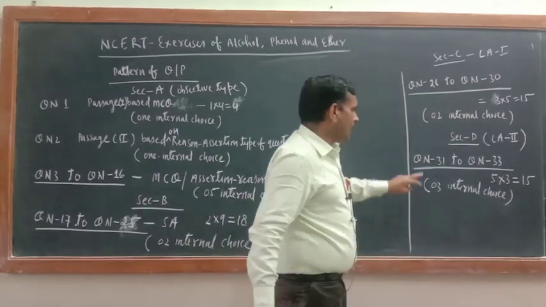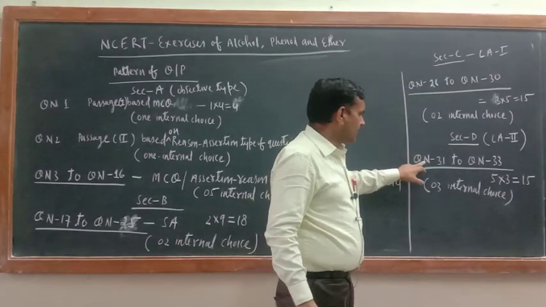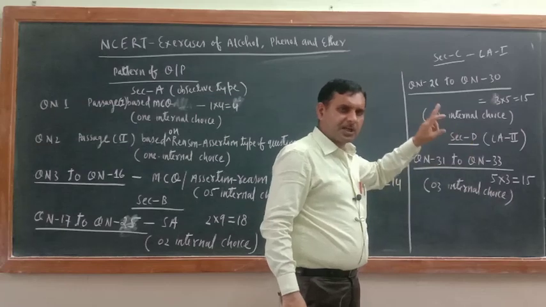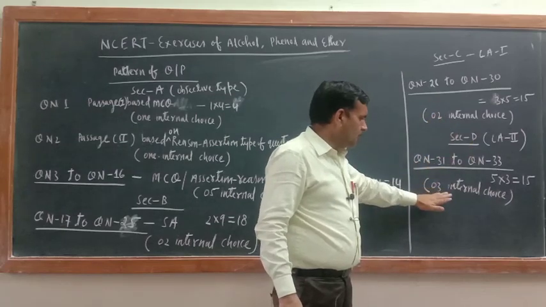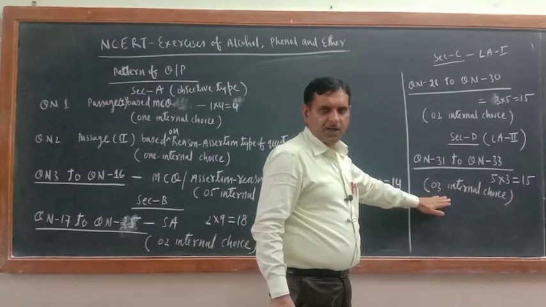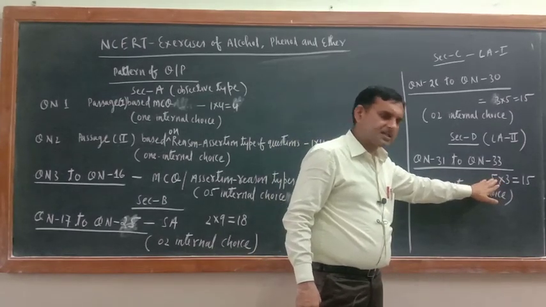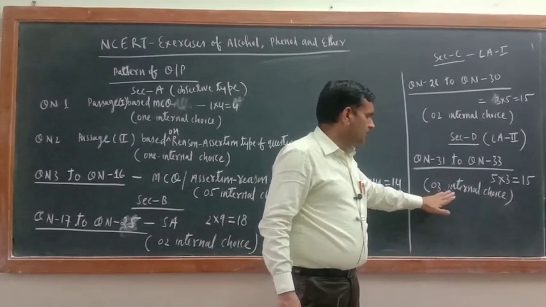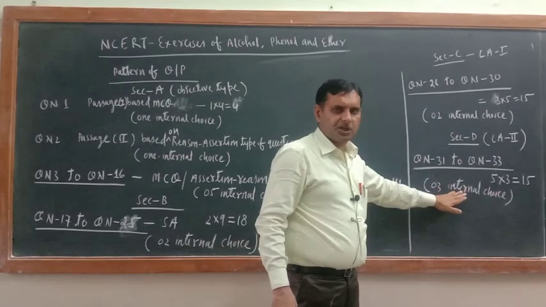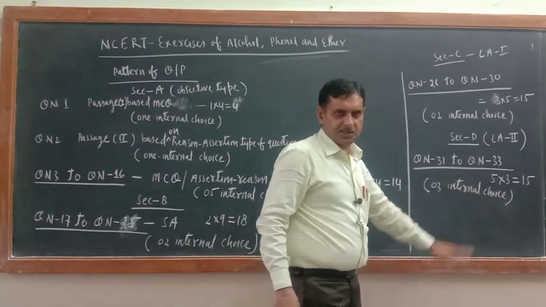Here 3 questions from question number 31 to question number 33, and all 3 will have internal choice. They are of 5 marks, 3 questions of 5 marks, 15. So all the 3 questions will have internal choice.